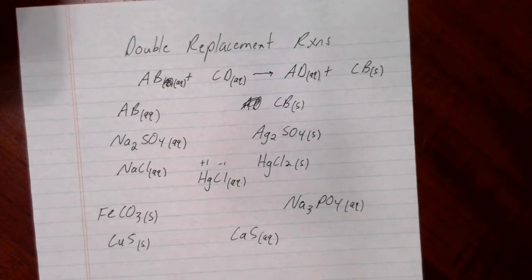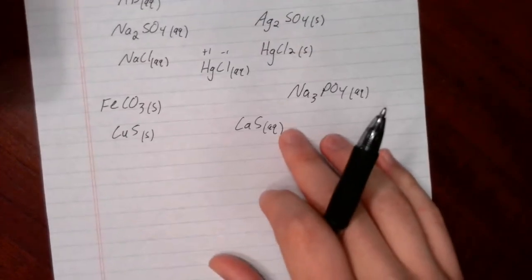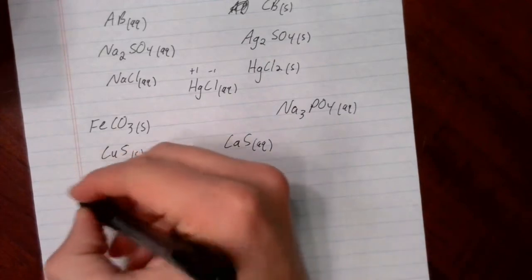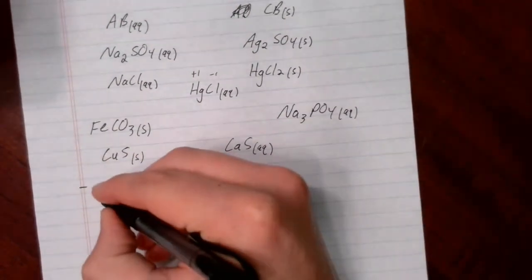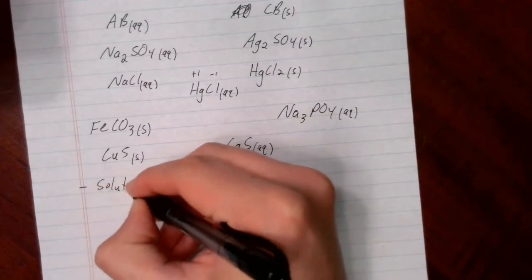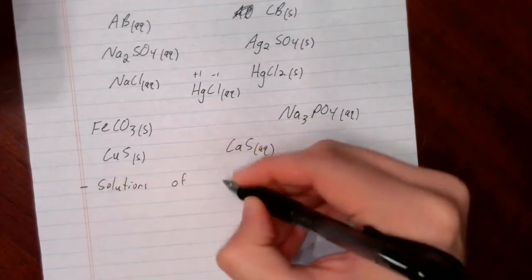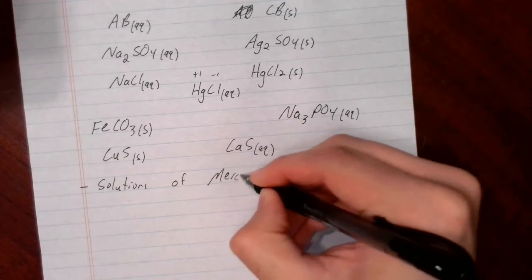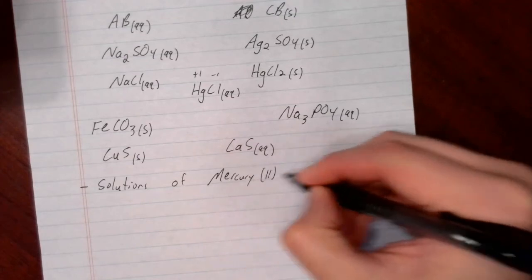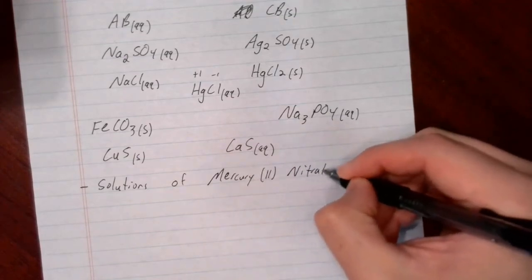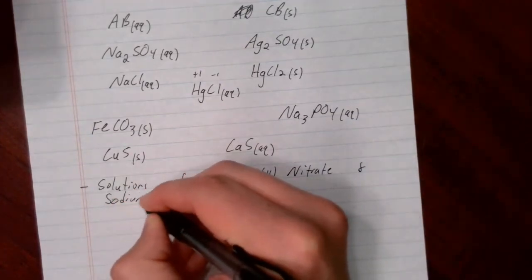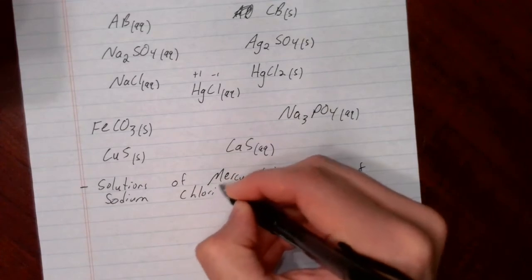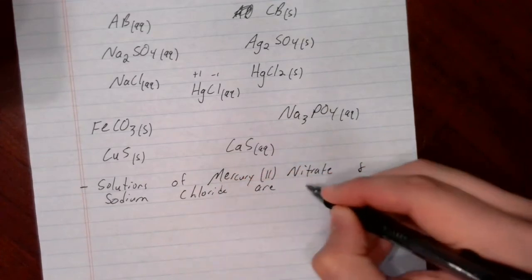Again, remember, a salt in chemistry just refers to an ionic compound here. Okay? So we start off with example 1, and I'm going to go ahead and write this out in words so you could see what it might say. So we could say solutions of mercury 2 nitrate and sodium chloride are combined.